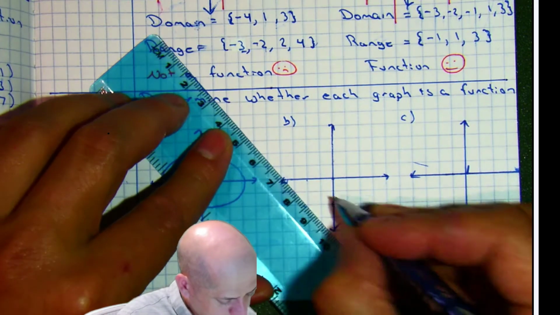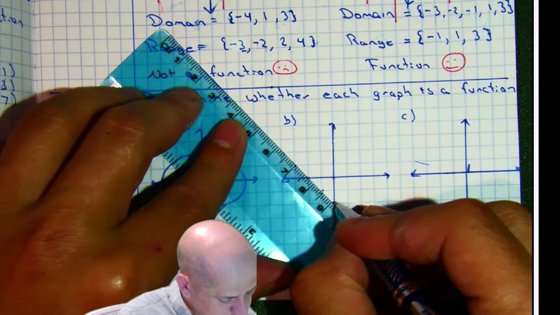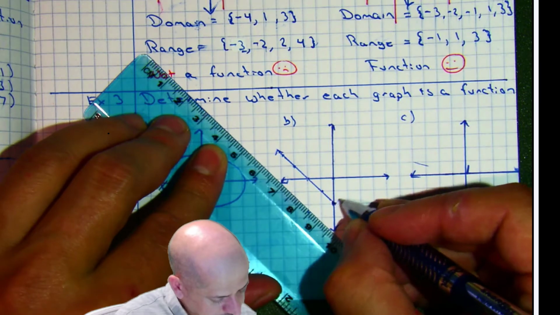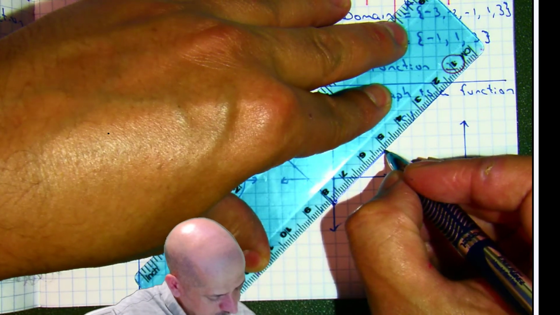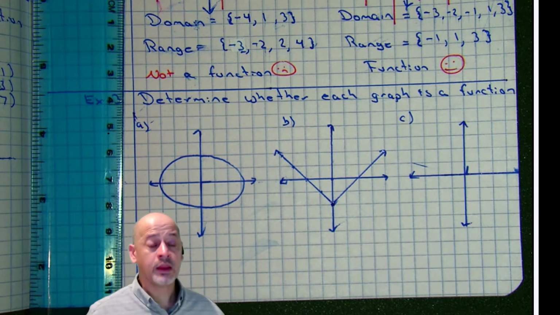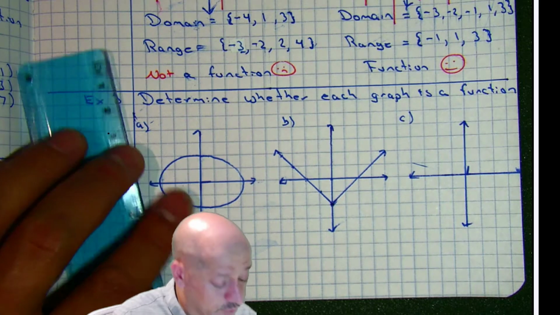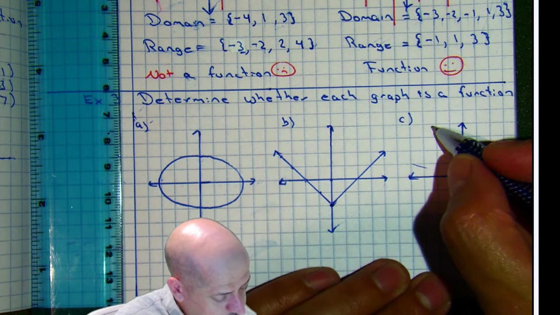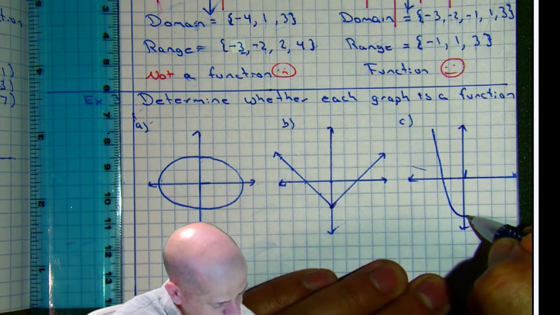I'll go straight. It doesn't really matter, but for now we're going to do a nice V. And then same thing for here. I'll follow the little grid. And for the last one, it's going to be a fancy U. So just a U that's going to go all the way down.